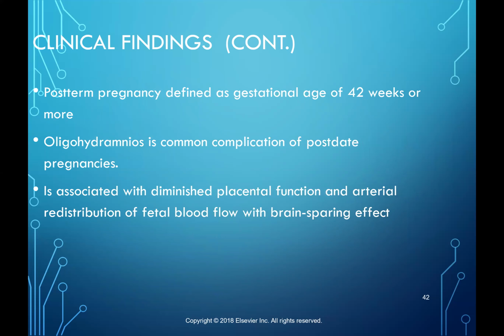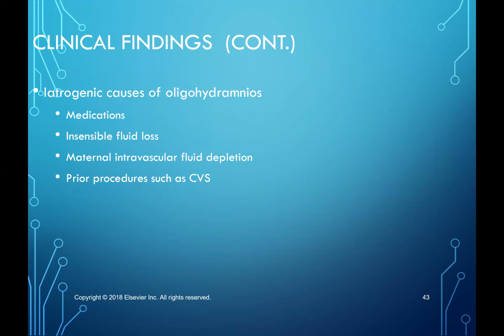Post-term pregnancy is defined as a gestational age of 42 weeks, and it's a very common complication when the babies won't come out. And I most of the time just think it's because the placenta is just done, it's tired.